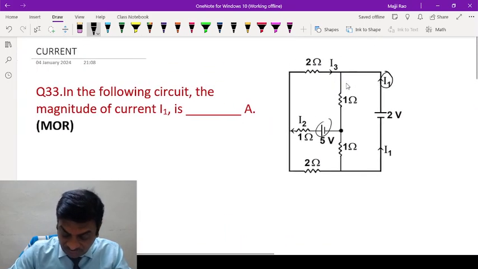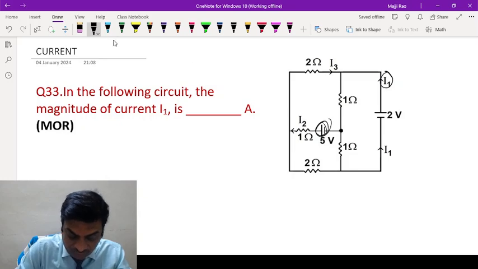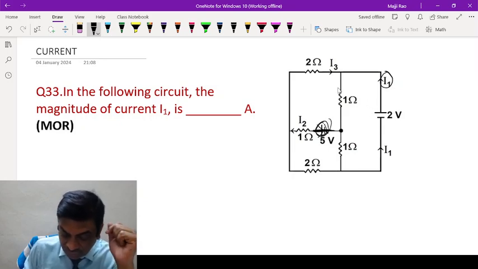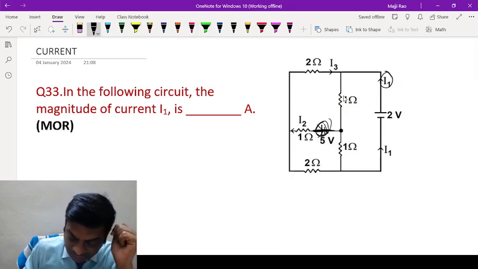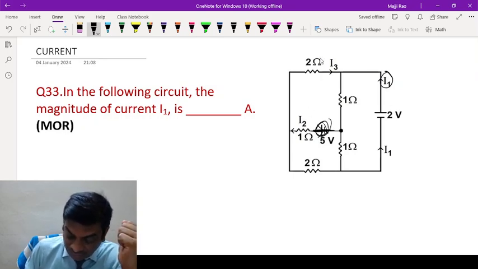So first I am going to short this cell. Now when I short this cell, I just establish a direct connection. You can see that it is just like a balanced Wheatstone bridge, because 2 upon 1, here also 2 upon 1.